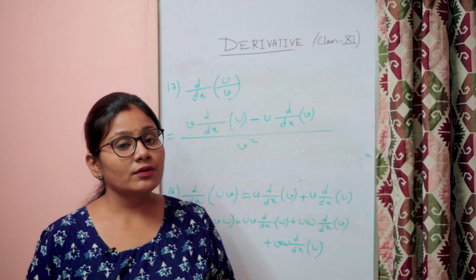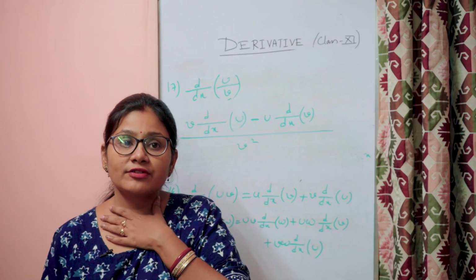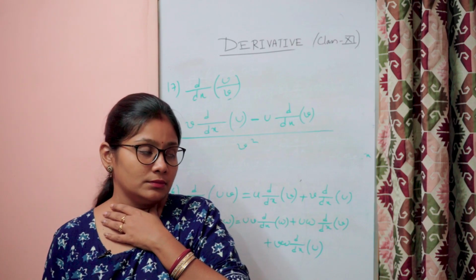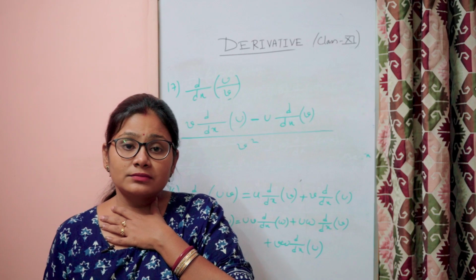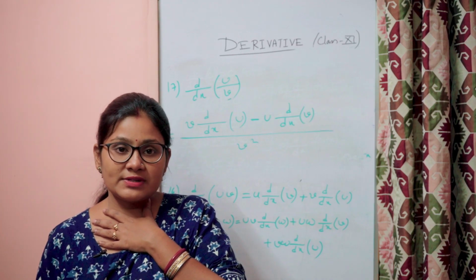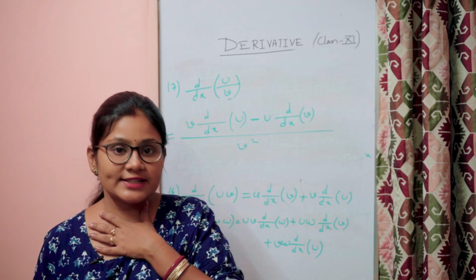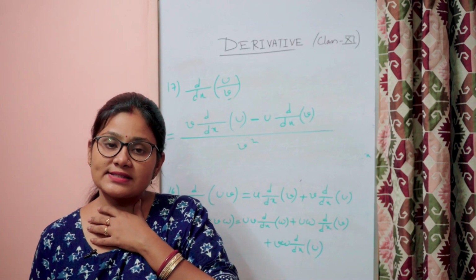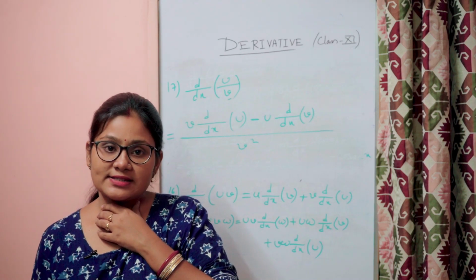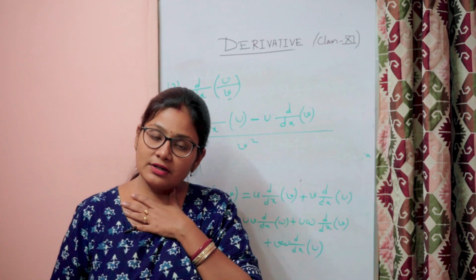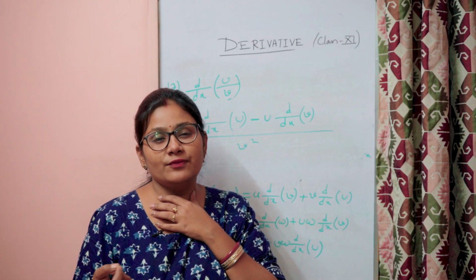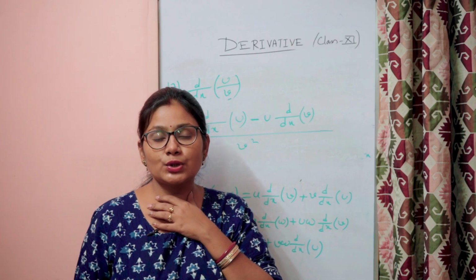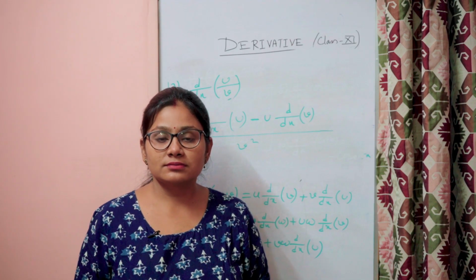Using the definition of derivative means you have to use the limit formula: limit h tends to 0 of f(x plus h) minus f(x) by h. This formula you have to use if there is a particular function at a particular point, for example x is equal to 2.